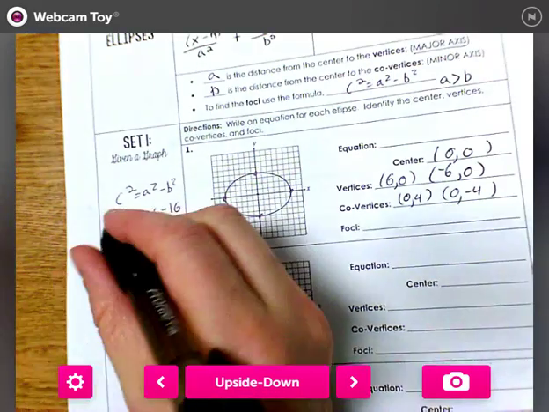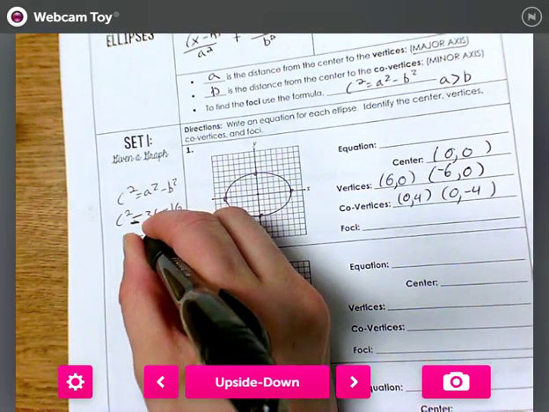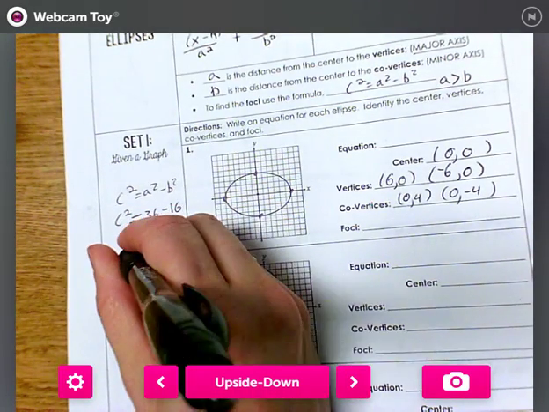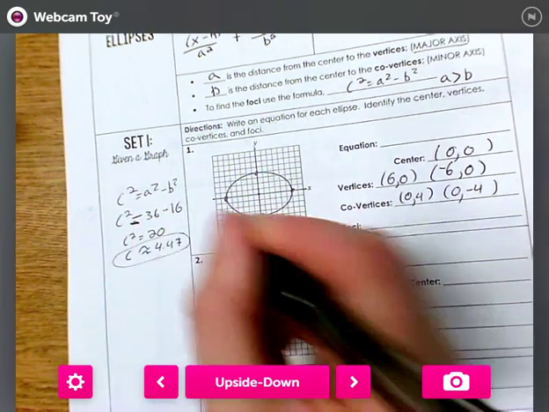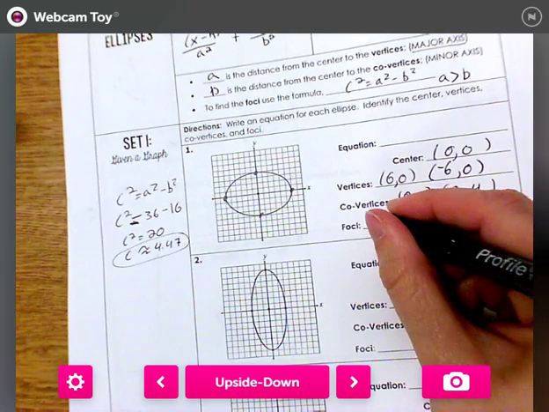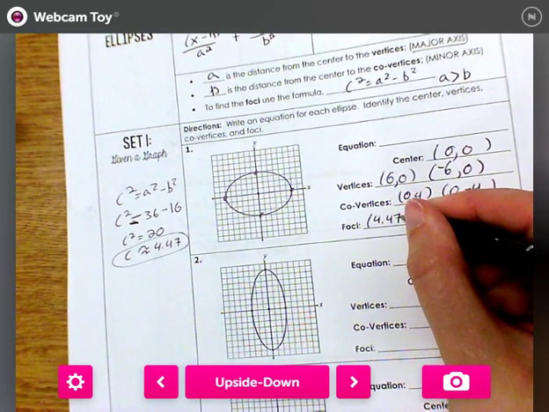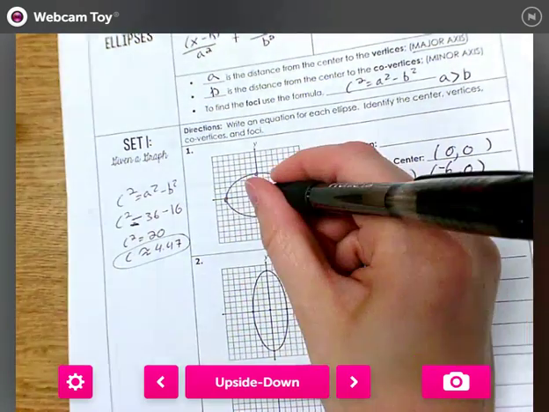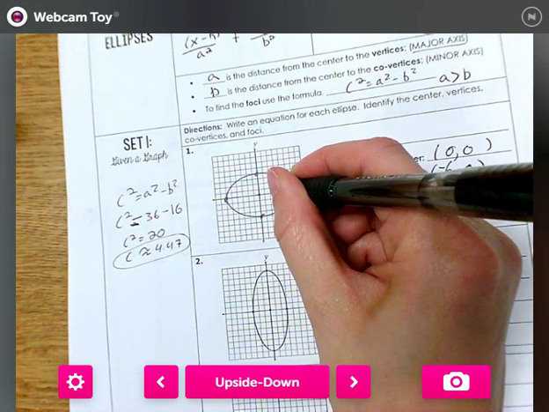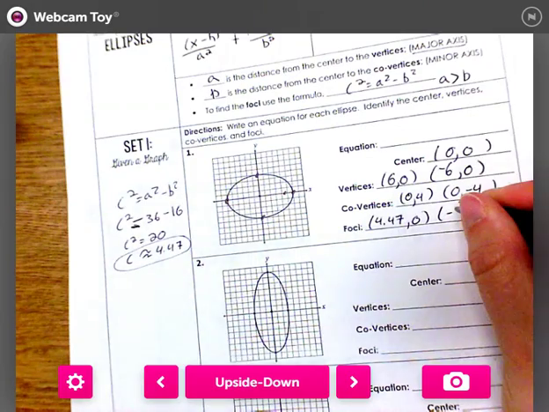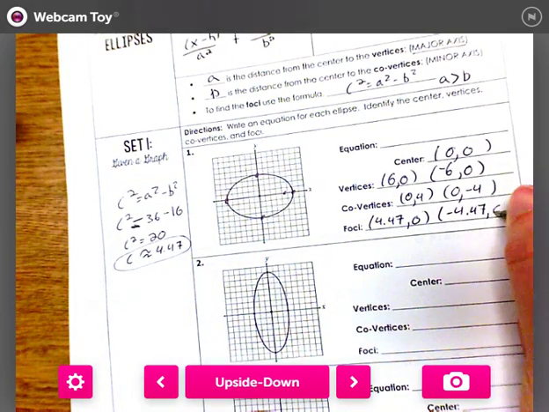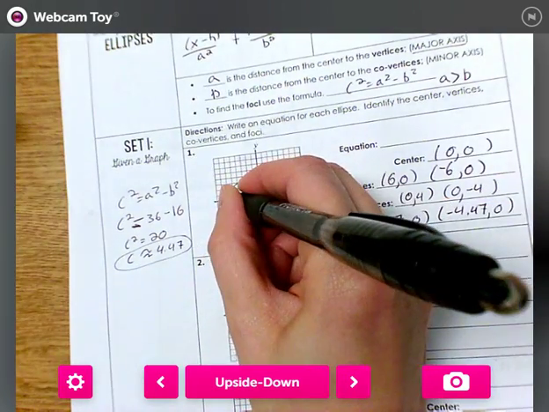So I get c squared equals 20, so c is approximately 4.47. So that means 4.47, right, 1, 2, 3, 4, right there, and negative 4.47, right there.